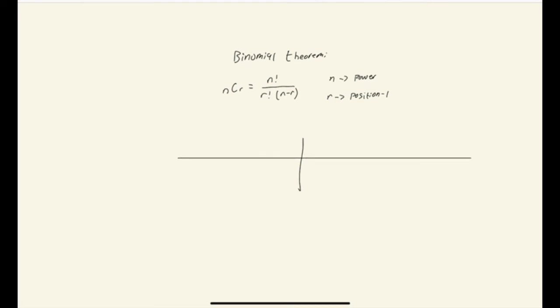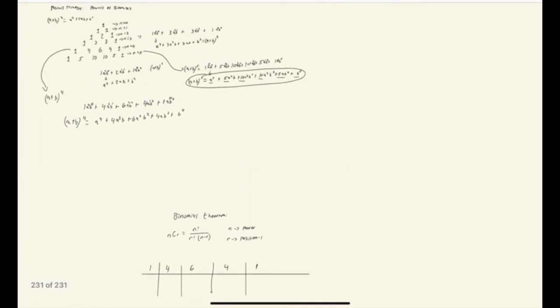Something like this. And then we're going to do 1, 4, 6, 4, and 1. Now, where did I get these numbers from? I got them from the Pascal's triangle, here: 1, 4, 6, 4, 1, where n equals 4, which is the fifth row.